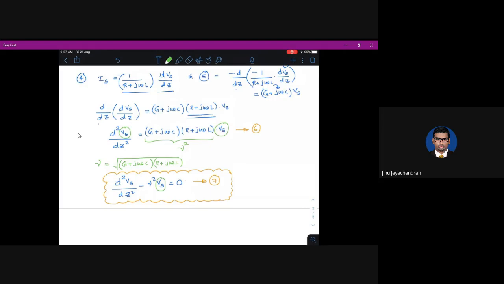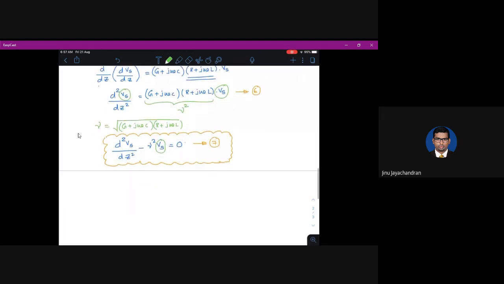So what is the solution to this equation? I'm not going to provide the complete step-by-step solution. If anybody requires it, I can explain it in the class. I'm going to directly give you the solution because we are more interested in the final expression of the voltage, not in how we solve the differential equation.